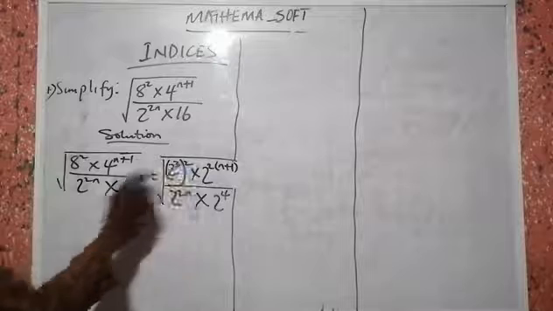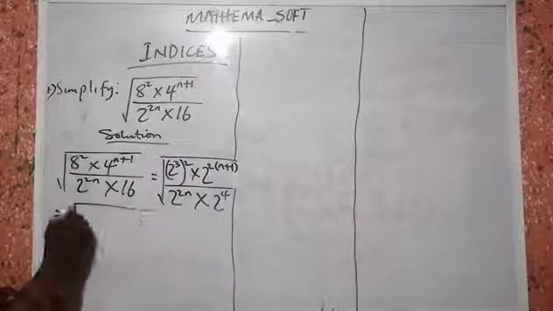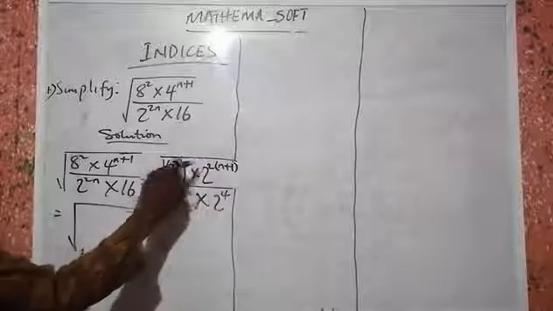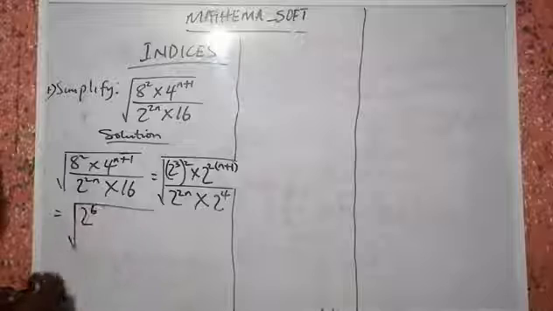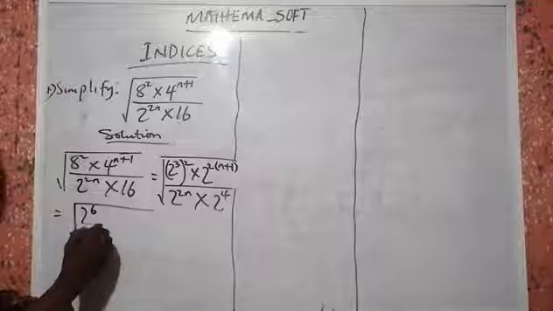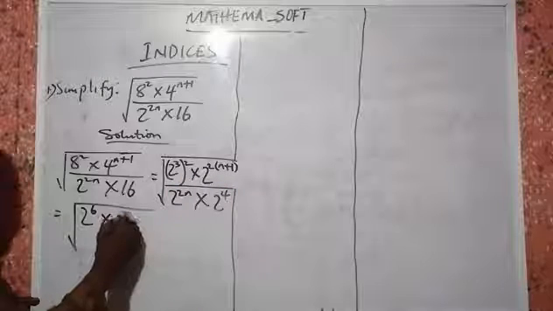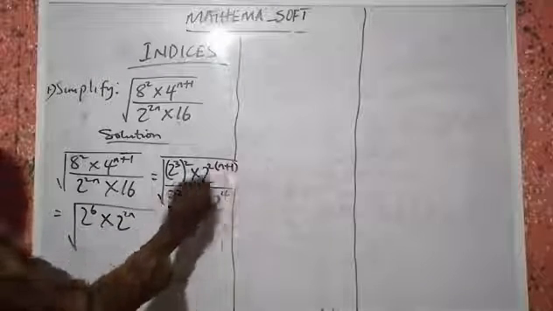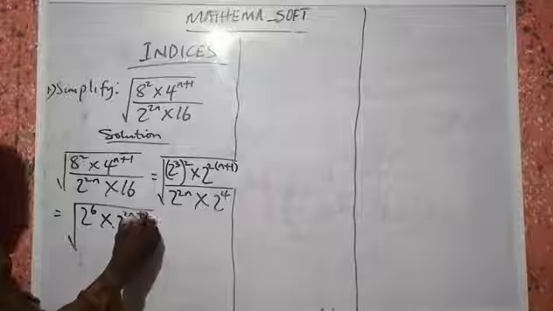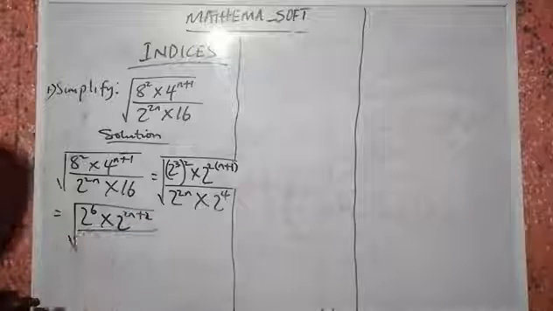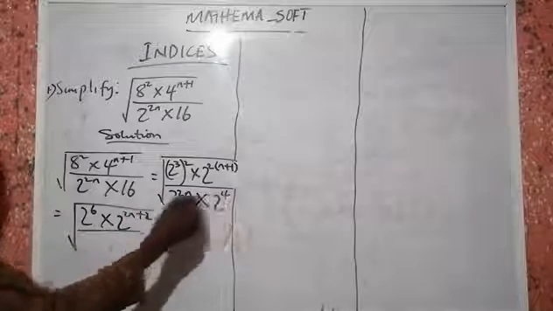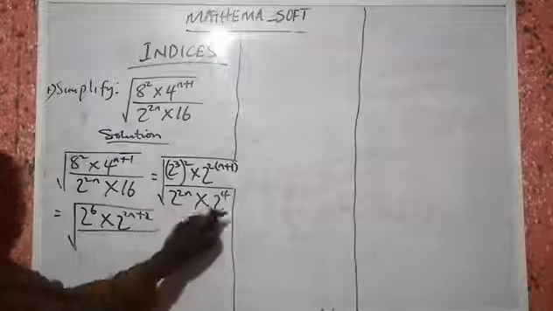So I can begin to sort them out by saying that 3 times 2 will give me 2 raised to the power 6, times 2 times n, 2n, 2 times 1, plus 2, then all over this. I can sort it out already, the same base.